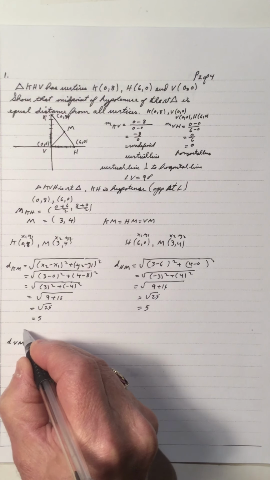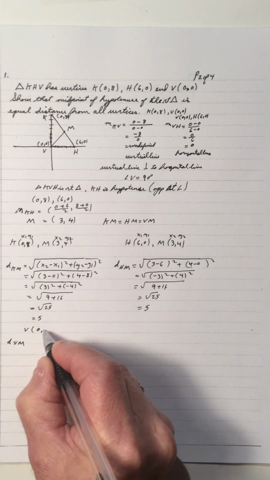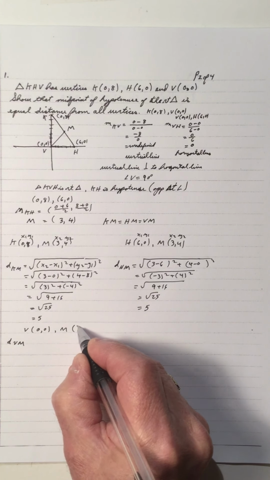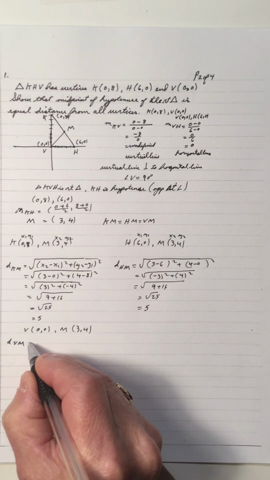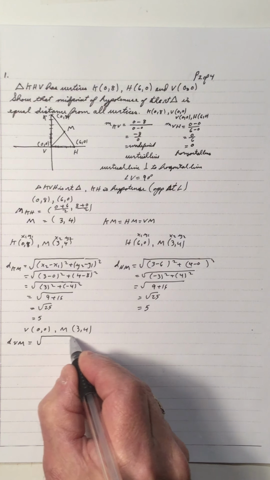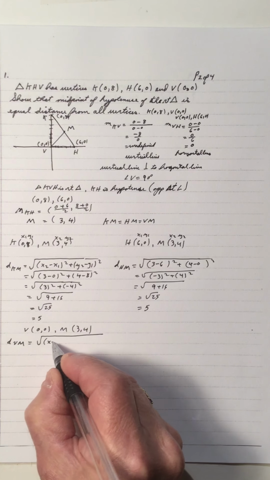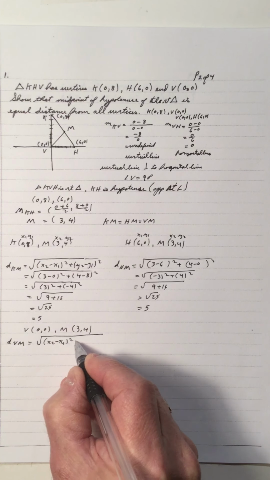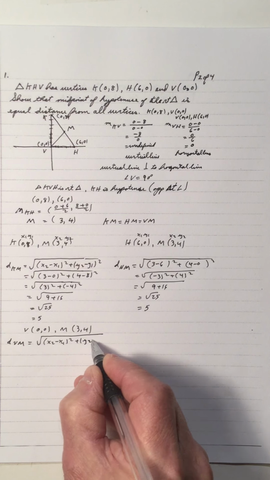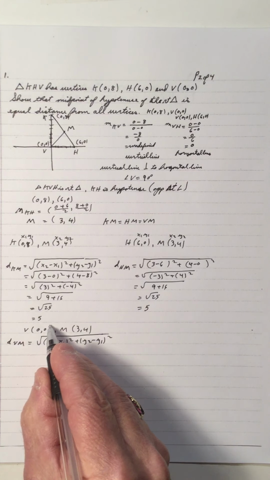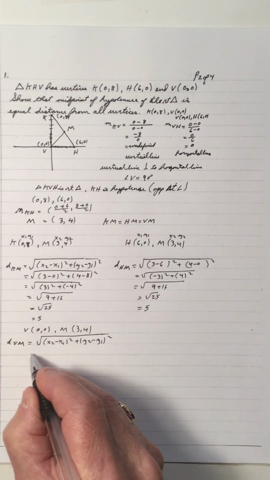And we have to get the length of VM. V is (0,0), and M is (3,4). The distance formula, again, is (x2 minus x1) squared plus (y2 minus y1) squared.